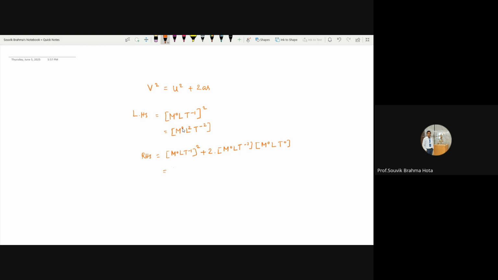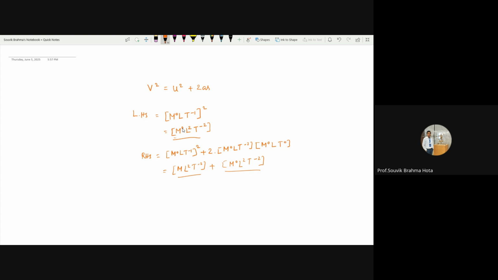See this thing, m L squared t to the power minus 2, plus this 2 is insignificant in this case because it doesn't have any dimension, so you can basically omit it. Here the dimension you check is m0 L square t to the power minus 2. So this RHS is again the same as the LHS.